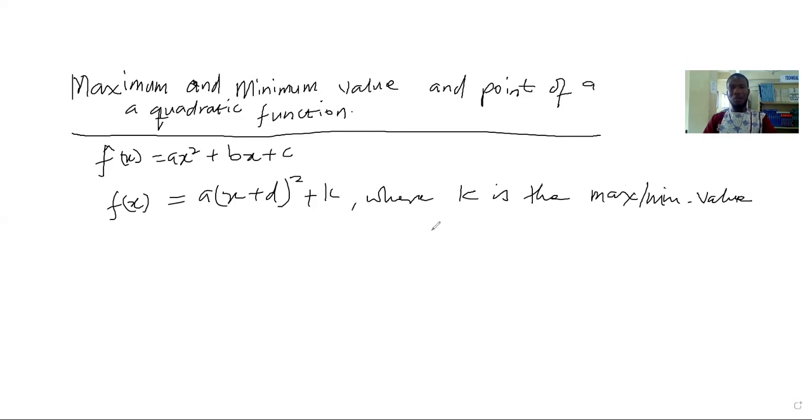And this value occurs when x plus d equals 0, which means that x equals negative d will be the x component where we will have k. So that is what we are going to do now.